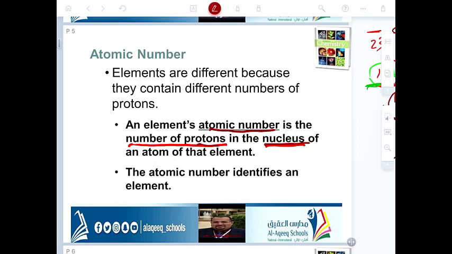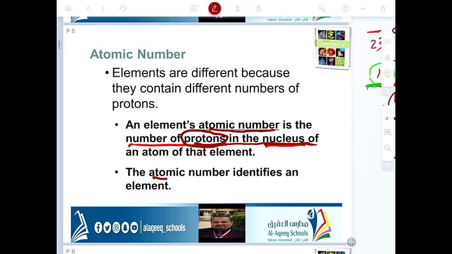We will study that inshallah. But number of electrons can change from number to number because of losing or gaining. The protons cannot change because they are in the nucleus. Okay, so it's better, more accurate to say atomic number is the number of protons in the nucleus of the atom of the element.